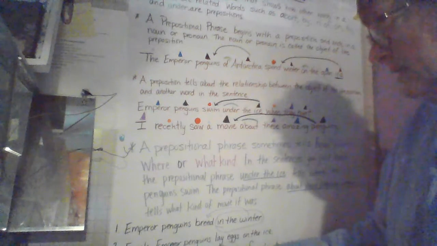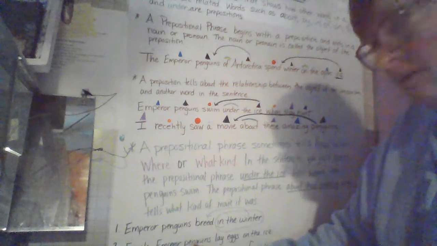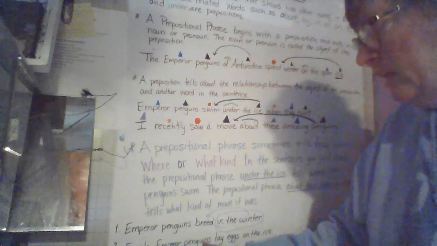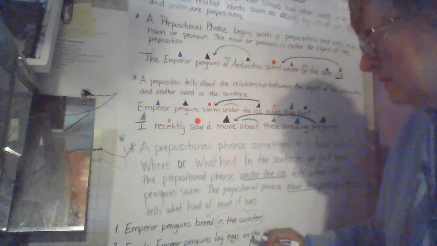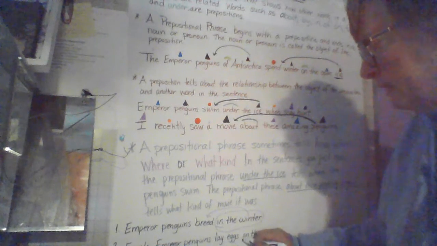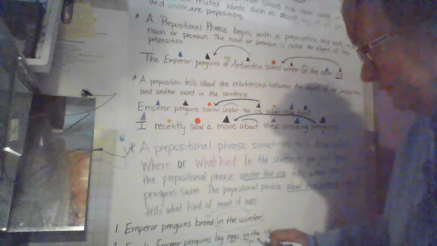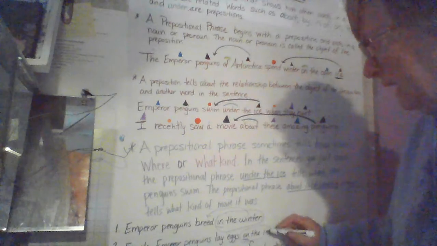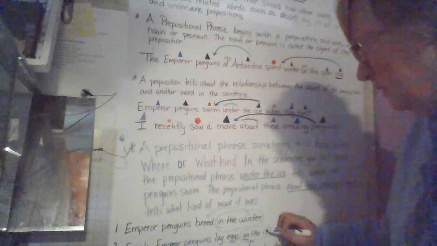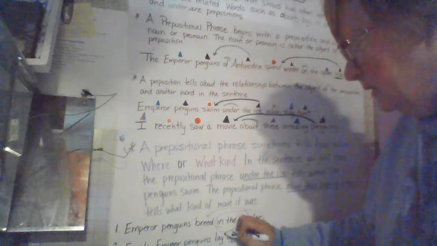Female emperor penguins lay eggs on the ice. Our sentence is about penguins, female emperor penguins. What they do is lay eggs. Our preposition is on. Our prepositional phrase is on the ice, and it talks about how they lay.